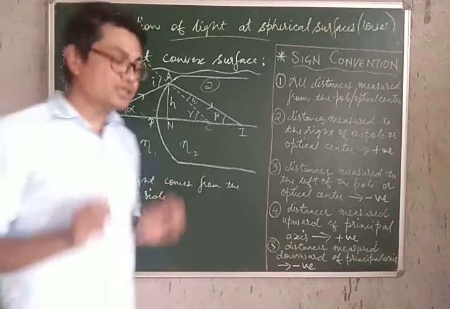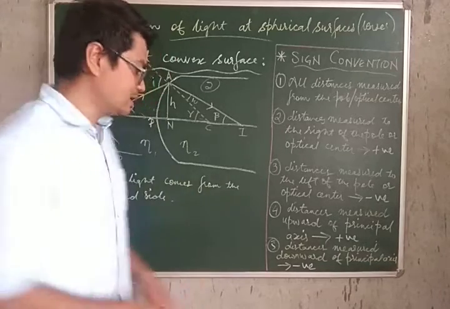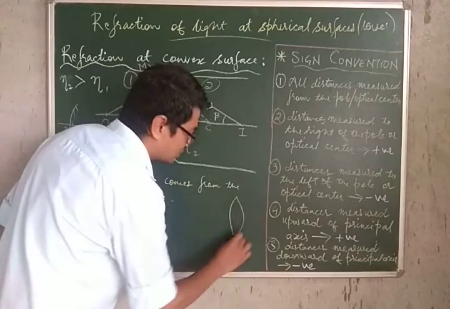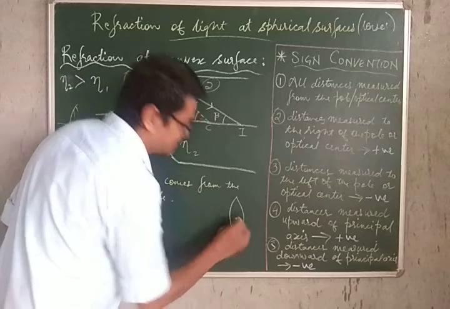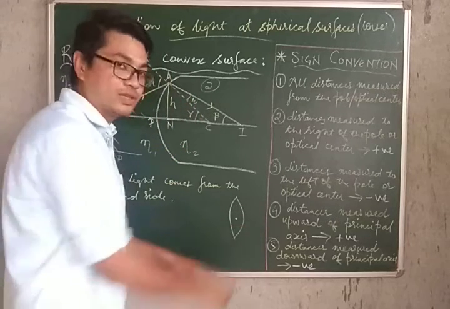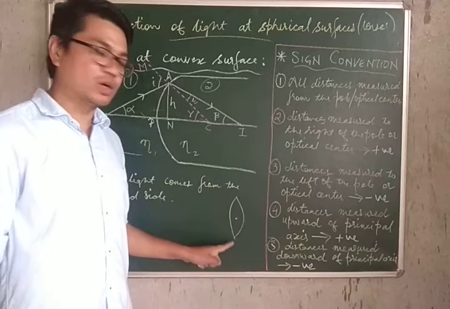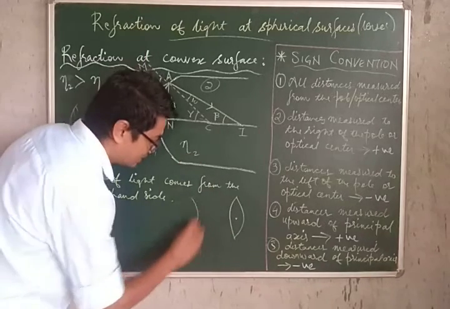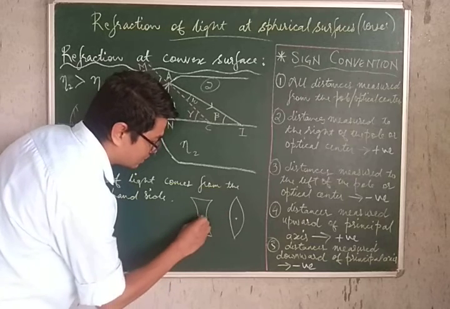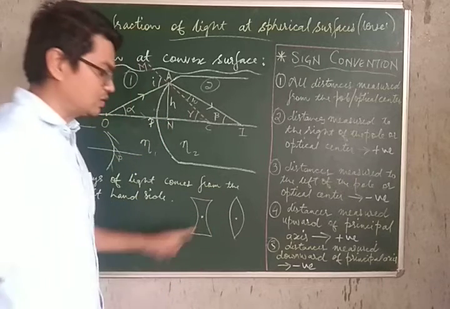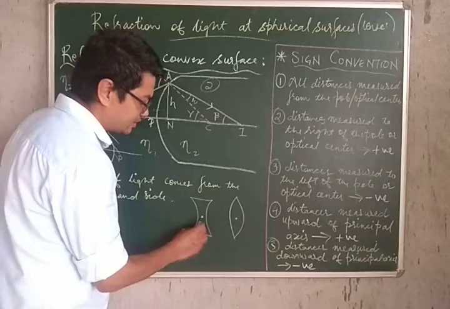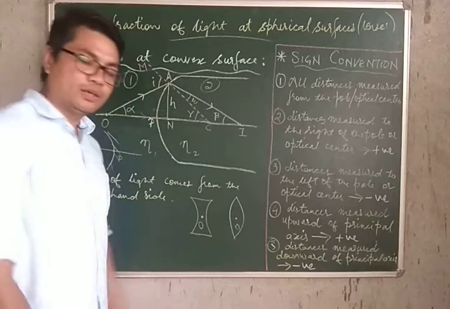Now when we start discussing lenses, we are going to talk about an optical center, the geometric center of the lens. I've drawn a convex lens over here, and you'll have the same thing for a concave lens also. So this is your optical center, generally denoted by O.